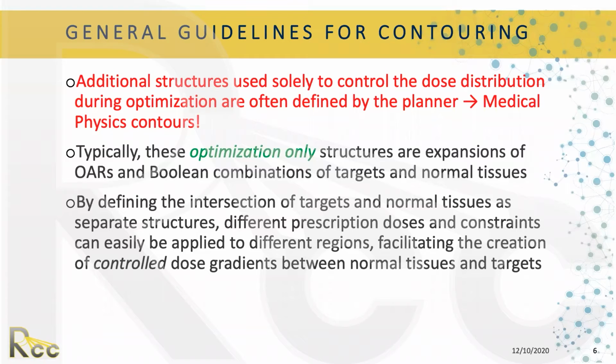Basically, by defining the intersection of targets and normal tissues as separate structures, different prescription doses and constraints can easily be applied to different regions, and you facilitate control of the dose gradient between the normal tissues and the target.